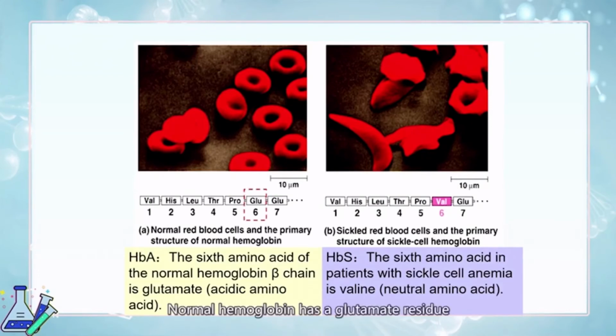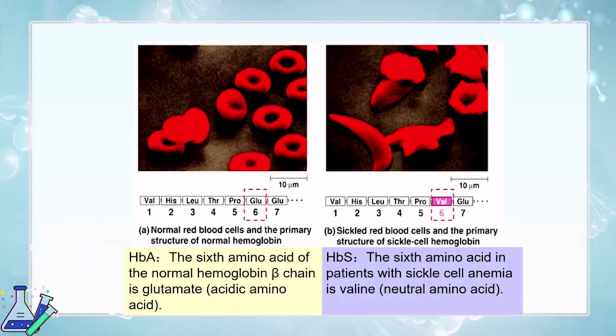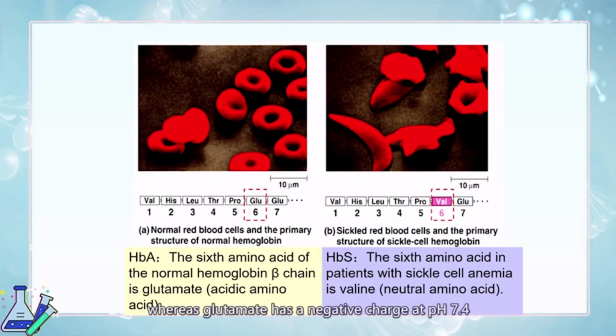Normal hemoglobin has a glutamate residue at position 6 in the 2 beta chains, but hemoglobin S has a valine instead of glutamate residue. The R group of valine has no electric charge, whereas glutamate has a negative charge at pH 7.4. Hemoglobin S therefore has 2 fewer negative charges than HbA.